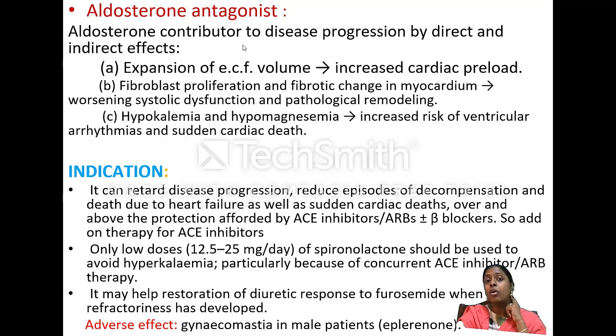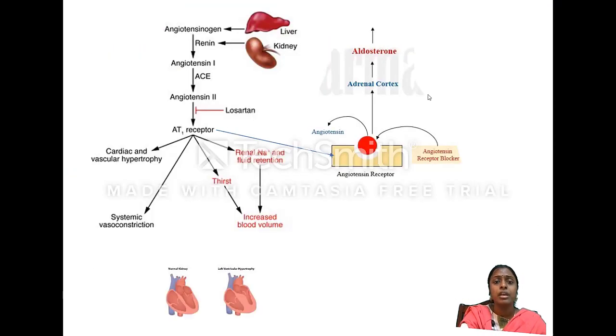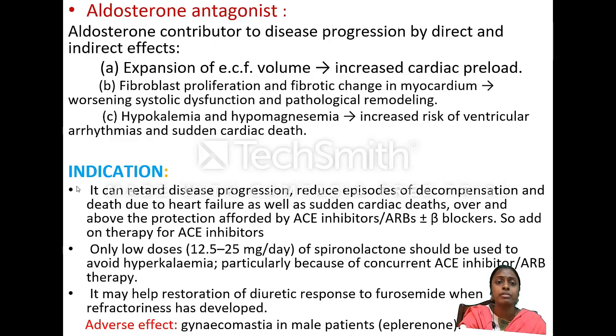The next one is aldosterone antagonist. Before going into aldosterone antagonist, let's see why we are taking it. What is aldosterone? Aldosterone is a steroid hormone which is secreted by our adrenal gland. So what it will do, sometimes it will directly or indirectly affect our heart function.